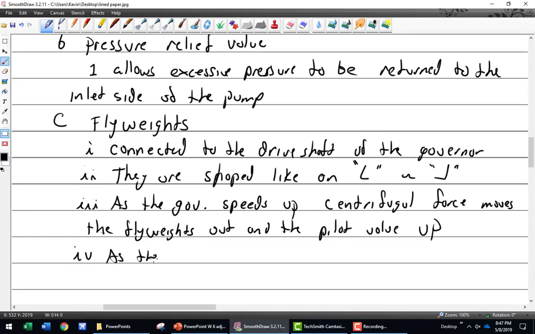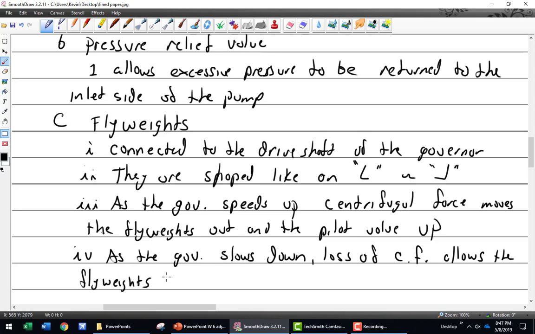And as the gov slows down, loss of centrifugal force, CF, allows the flyweights, well, let me think. Allows the flyweights to move in, lowering the pilot valve.